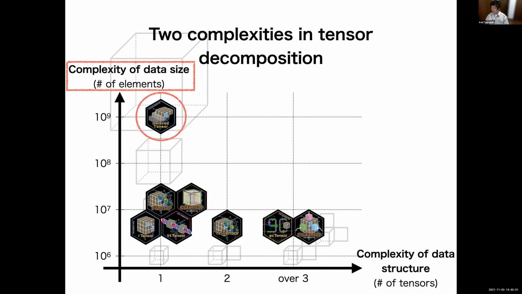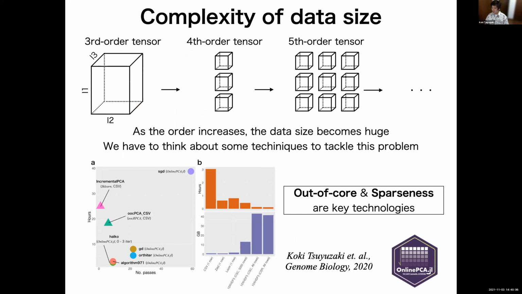Here, I will discuss the complexity of data size first. As the order of the tensor increases, the data size gets bigger. For example, multiple third-order tensors become a fourth-order tensor, and multiple fourth-order tensors become a fifth-order tensor, and so on.